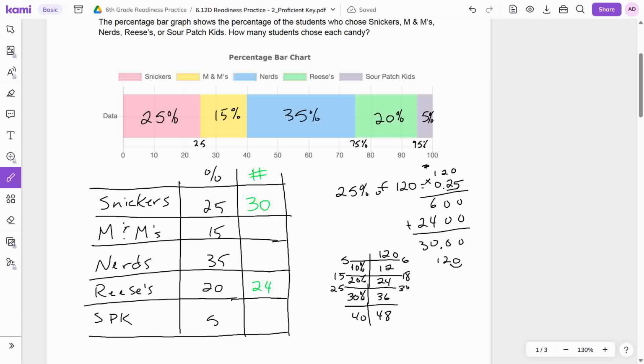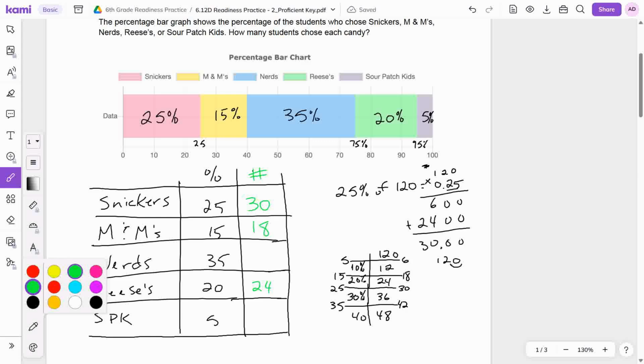And 35 will be our last, which is 42. And so that's another way to do it. You could just make yourself a little table of numbers, and then my 15 is 18, my 35 is 42, and then my 5 is 6. So those are my answers.